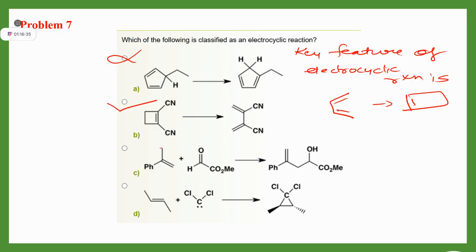The third one is actually an ene reaction, which you will study later. Correct? And the fourth one is your simple carbene insertion. So this can't be electrocyclic. So the most appropriate answer is B. How did I solve this question? By looking at the key feature of an electrocyclic reaction.